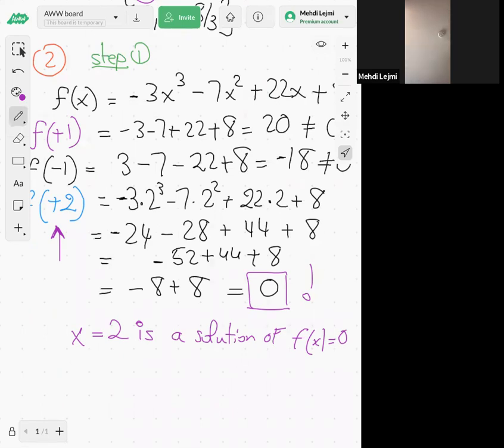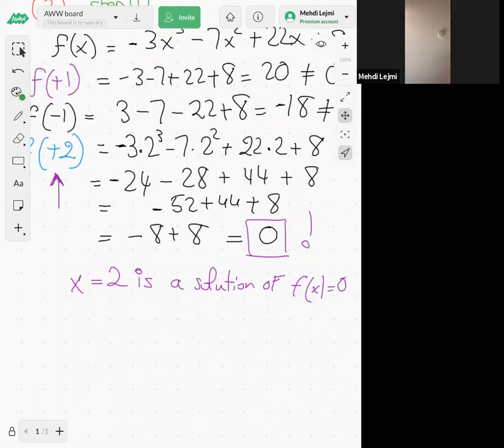But anyway, in the final, guys, of course, you're probably going to have a similar problem. As I said, try positive and negative 1. If it doesn't work, check the next whole number, not the fraction, because the fractions sometimes take a lot of time. Anyway, positive 2 is the solution. So now I can move to the next steps.